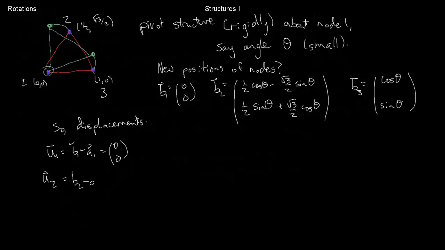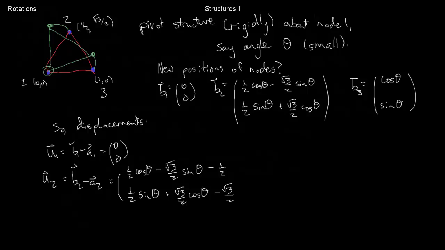It looks like it's B2 minus A2, so I subtract off 1/2 cosine theta minus root 3 over 2 sine theta. That's the first coordinate of B2, and then I subtract off the first coordinate of A2, and so that's minus 1/2. Similarly, with the second coordinates, I get 1/2 sine theta plus root 3 over 2 cosine theta, and I need to subtract off root 3 over 2.